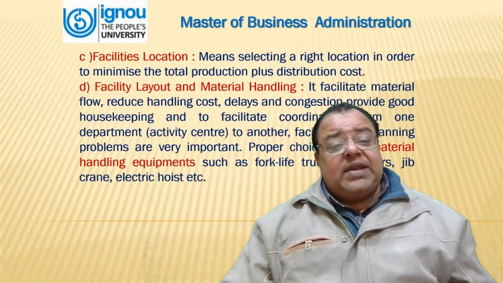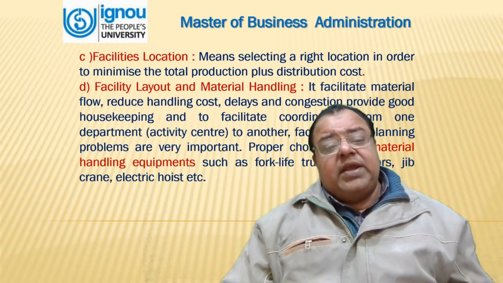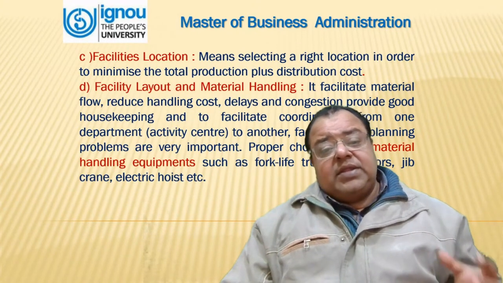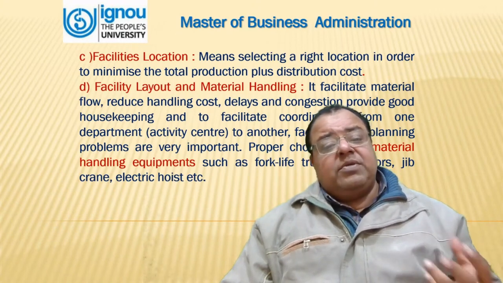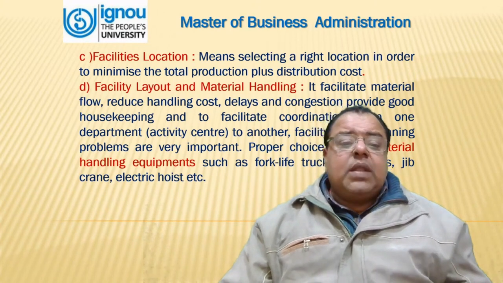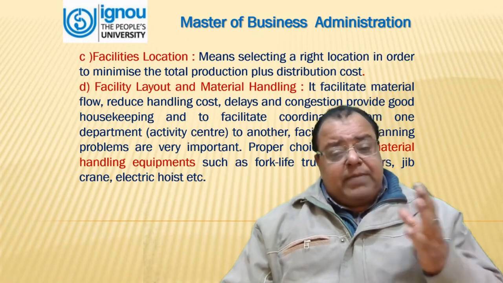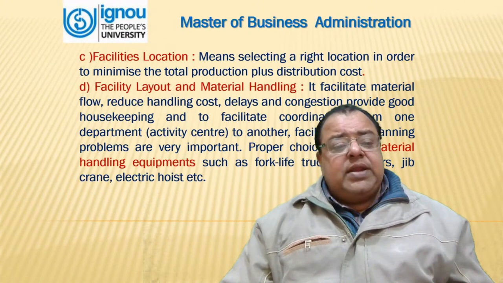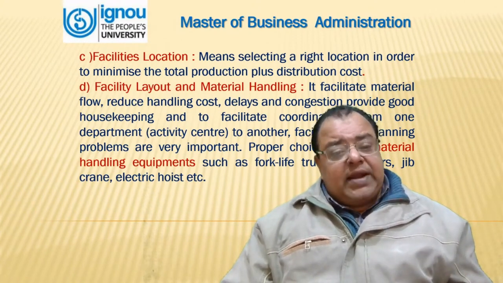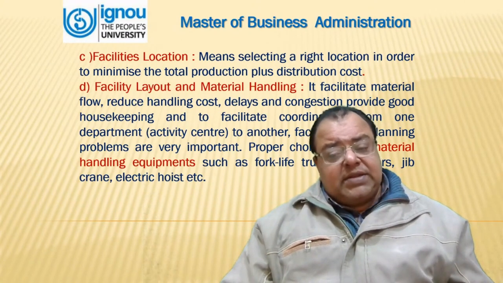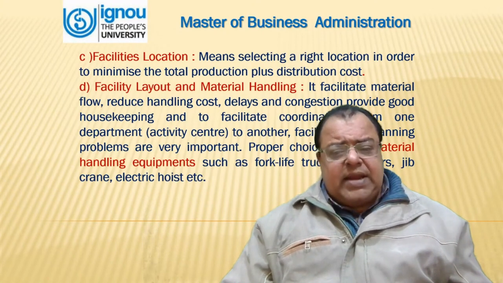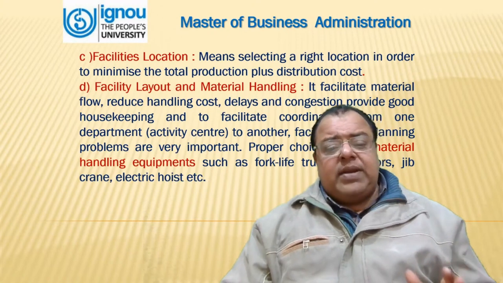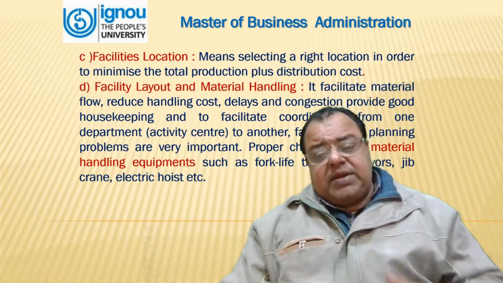Third one is facilities location, which means selecting the right location in order to minimize the total production plus distribution cost. Facility layout and material handling: it facilitates material flow, reduces handling cost, delays and congestion, provides good housekeeping, and facilitates coordination from one department or activity center to another.